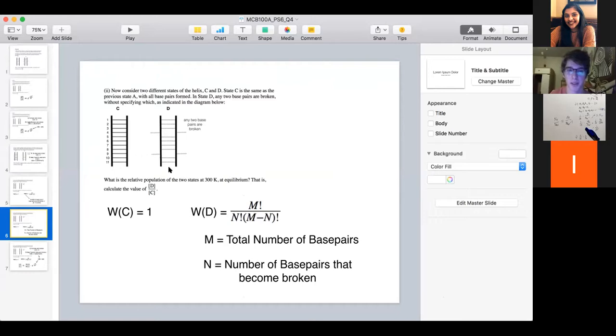So there's 11 total base pairs, and 2 of them can become broken in any given state of D. So N would be 2 and M would be 11. Does that make sense? Yeah, thank you. All right, I think that's the last question for this section.